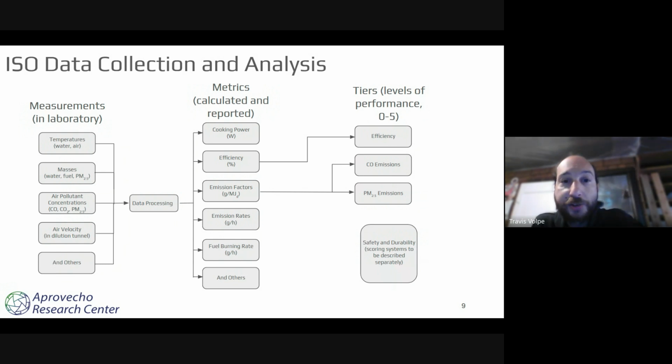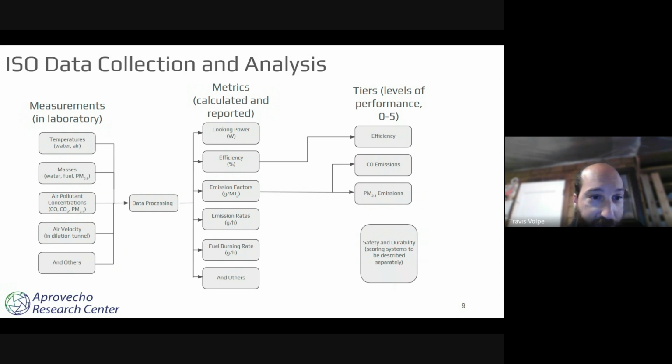The data collection and analysis that is required for the ISO test is broken down in this slide here into its most basic components. So we take measurements in the lab while we're doing the test. We're measuring the temperature of the water as well as the temperature of the air going through the collection tunnel.